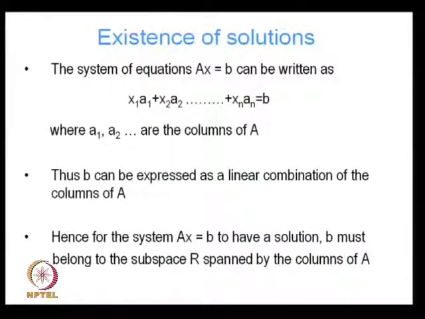The system of equations Ax is equal to b can be written as x1 a1 plus x2 a2 through xn an equal to b. Basically, we are taking the columns of A and scaling each column by x1 through xn, scaling the first column with x1, the second with x2, the third with x3, and so on and so forth, and the last column an by xn, and setting that equal to b.